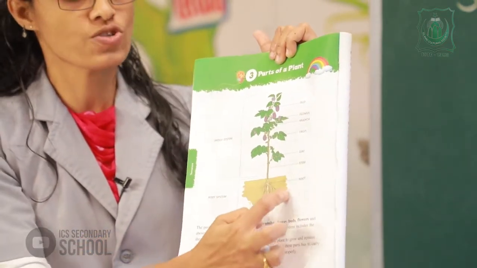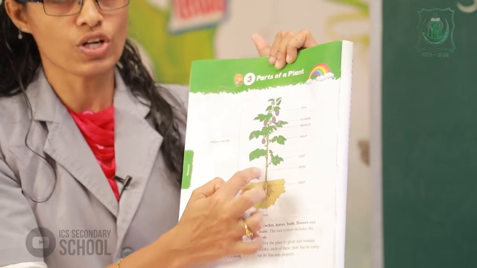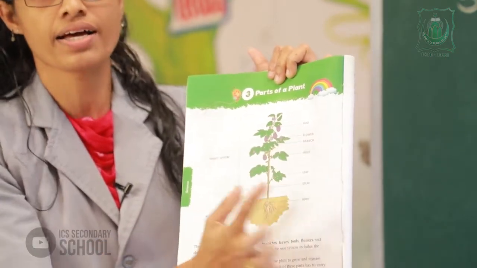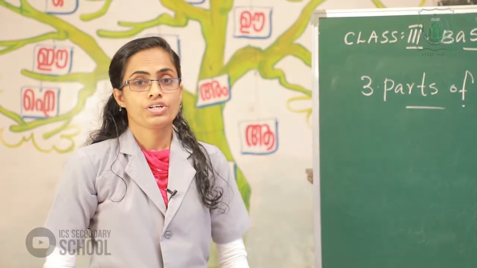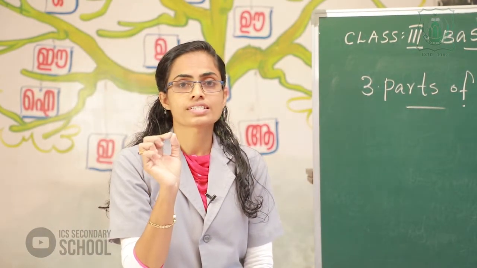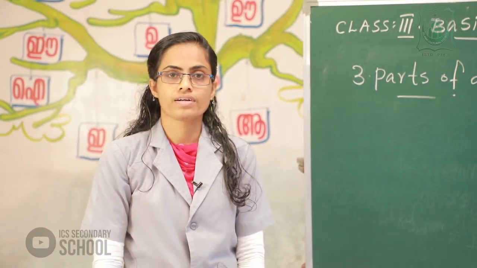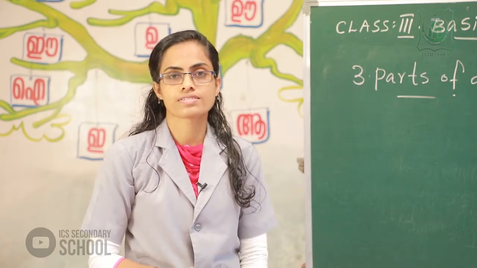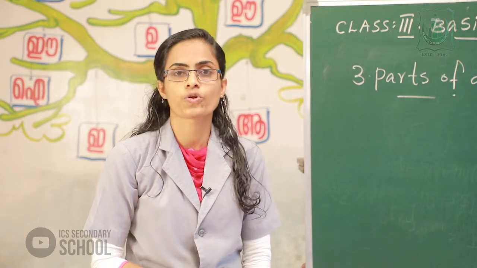First look at this in your textbook. You can observe in your surroundings the different types of plants and flowers, leaves, branches, stem and root.